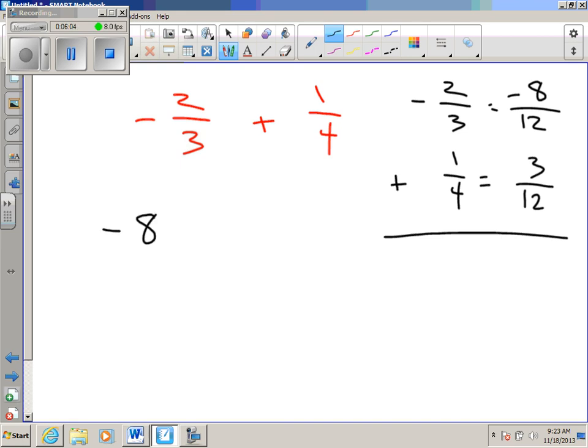So a negative 8 plus a 3. If you're starting here at negative 8, you add, you always go to the right. Good. So negative 5 over what?